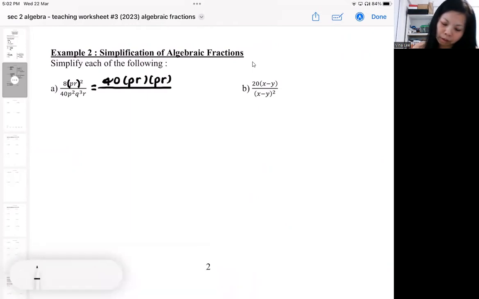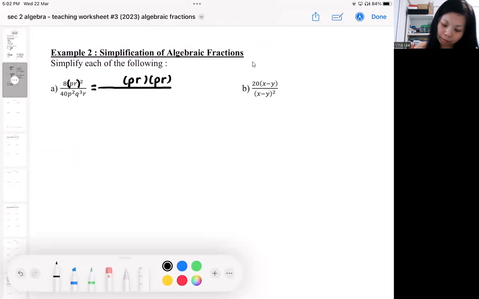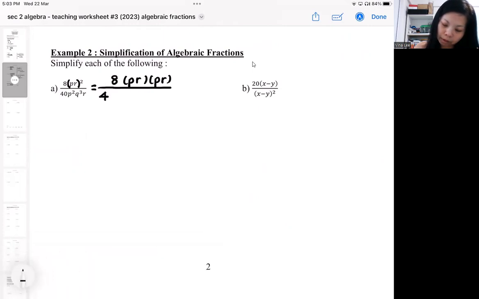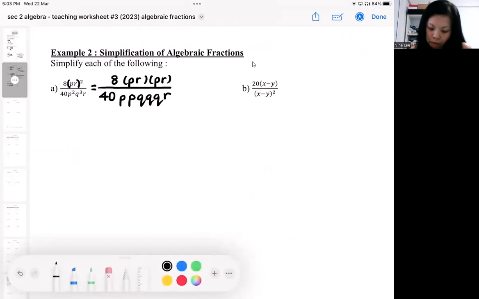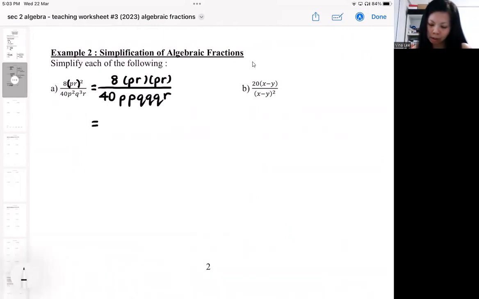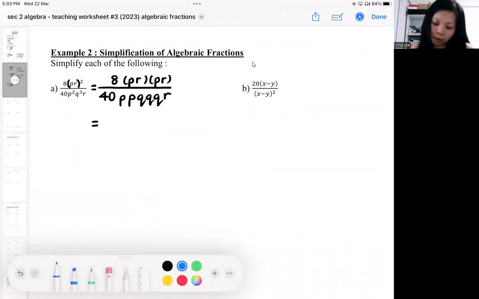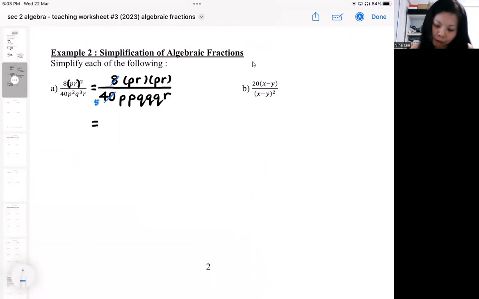Sorry, I wrote wrongly. It should be an 8 first. The 40 is at the bottom. Then you got P, P, Q, Q, Q, and an R. My habit is usually, I wouldn't try to cancel first. Maybe I'll just try to cancel the number.